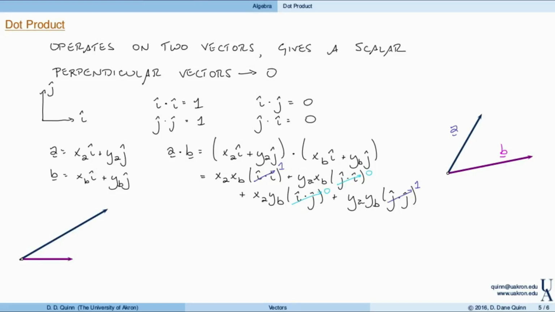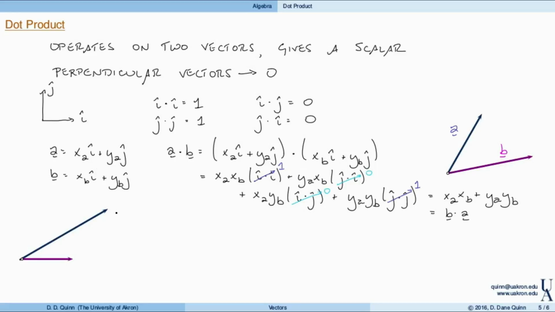So ultimately, A dot B is xa xb plus ya yb. And notice that this is actually equal to B dot A. So the order here in terms of the dot product doesn't matter. A dot B is equal to B dot A.